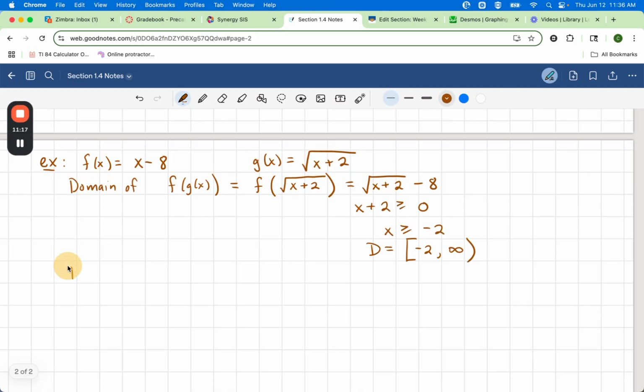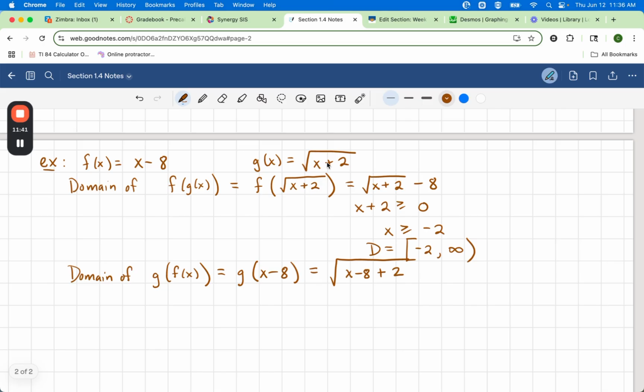The domain of g of f of x, that's going to be g evaluated at x minus 8. So that is going to be radical x minus 8 plus 2, right? I'm substituting x minus 8 in for that x right there.